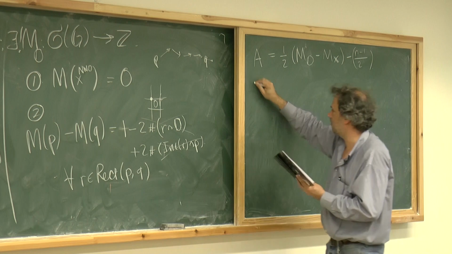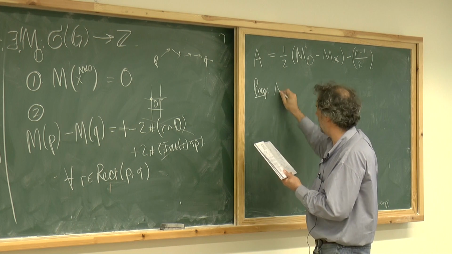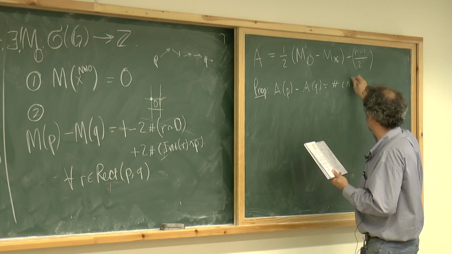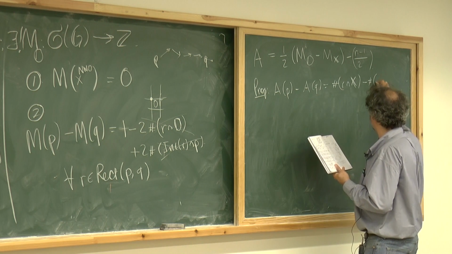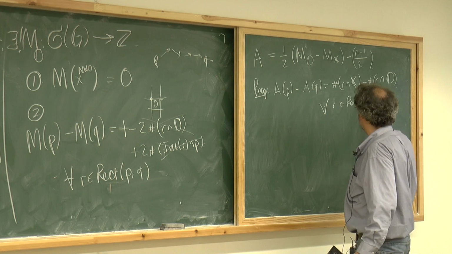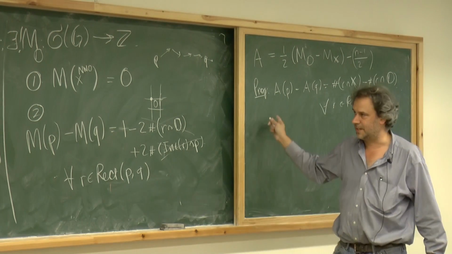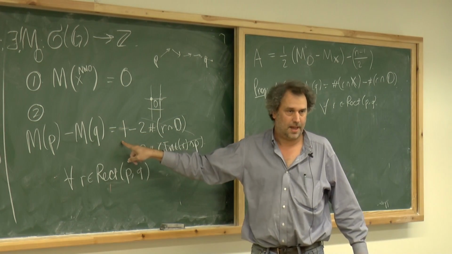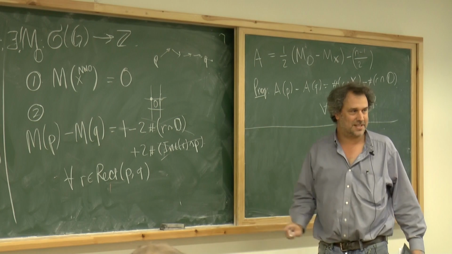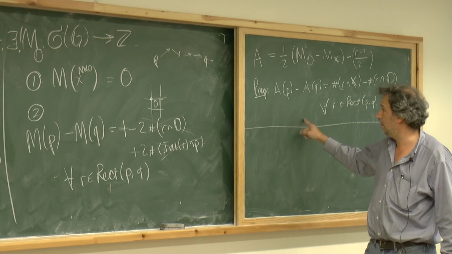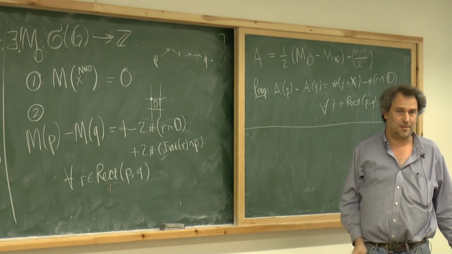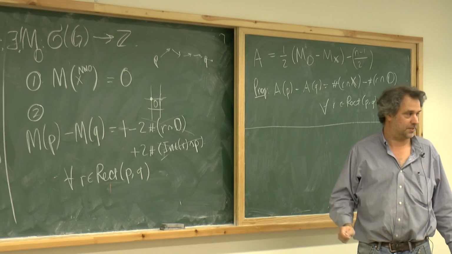And observe the following, which is not so hard to check: the Alexander grading of P minus the Alexander grading of Q is the number of X markings inside the rectangle minus the number of O markings inside the rectangle, whenever you have a rectangle from P to Q. This is an easy consequence of this property over here, and it's a not very hard exercise in planar geometry to see that this Alexander grading, up to an overall additive constant, is the same as that sum of winding numbers that I mentioned at the beginning of the talk.